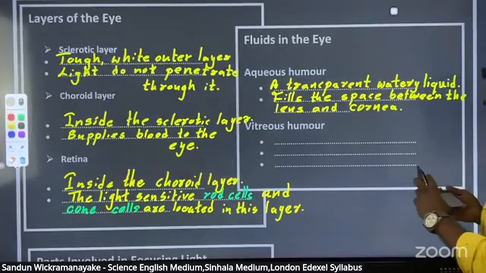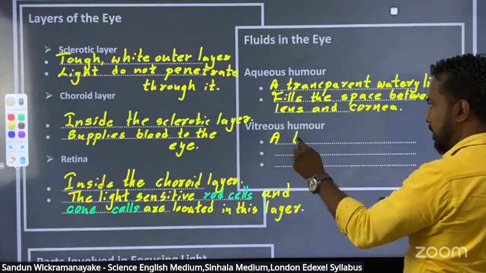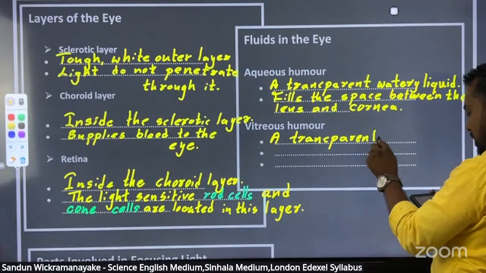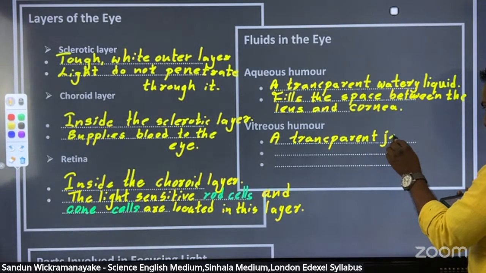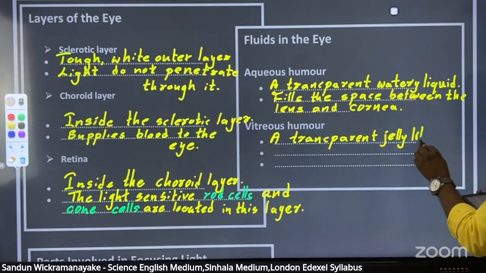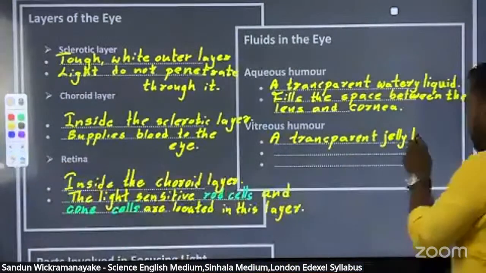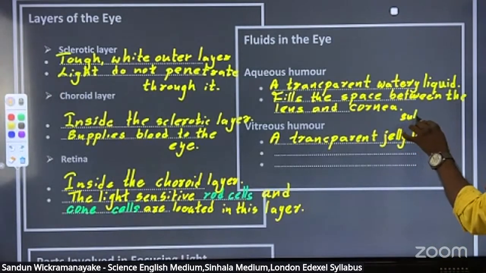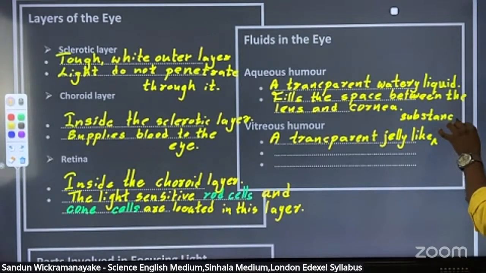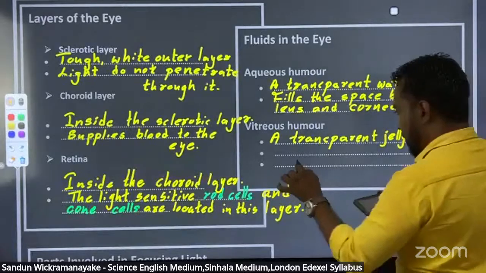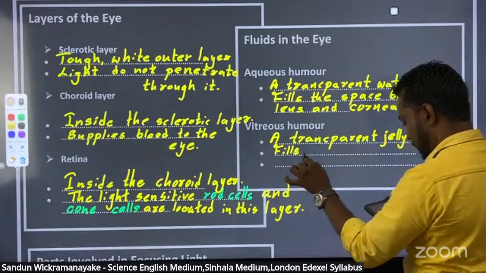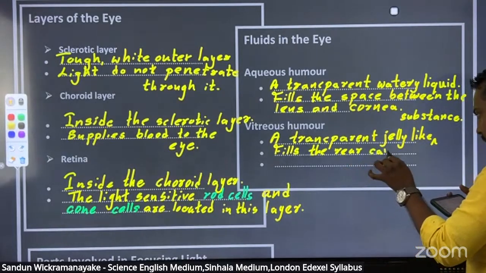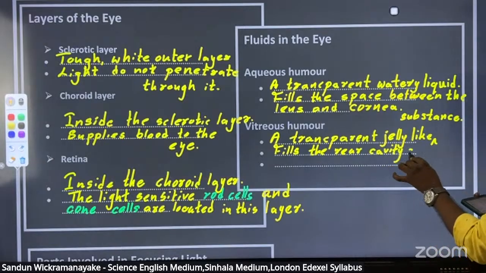The vitreous humor is another kind of liquid, a transparent jelly-like substance. It fills the rear cavity of the lens.